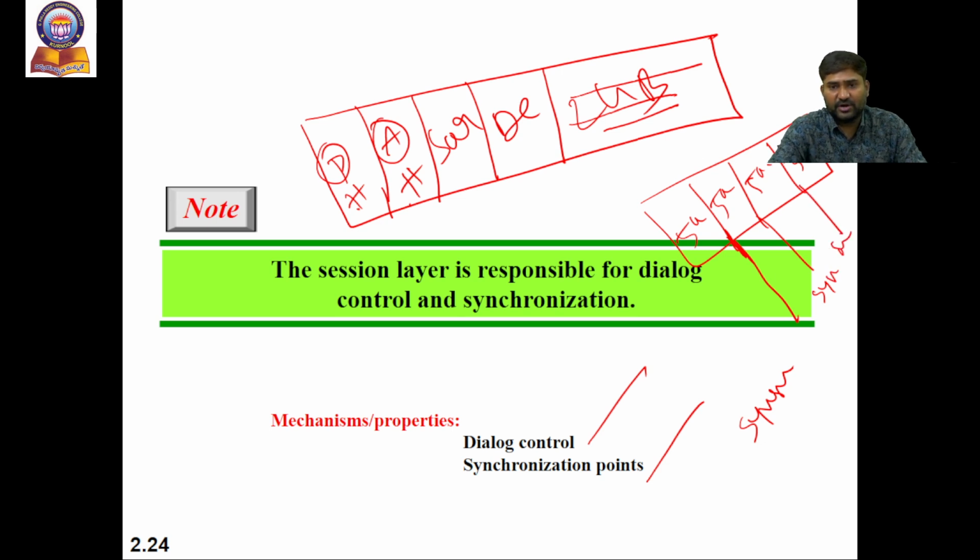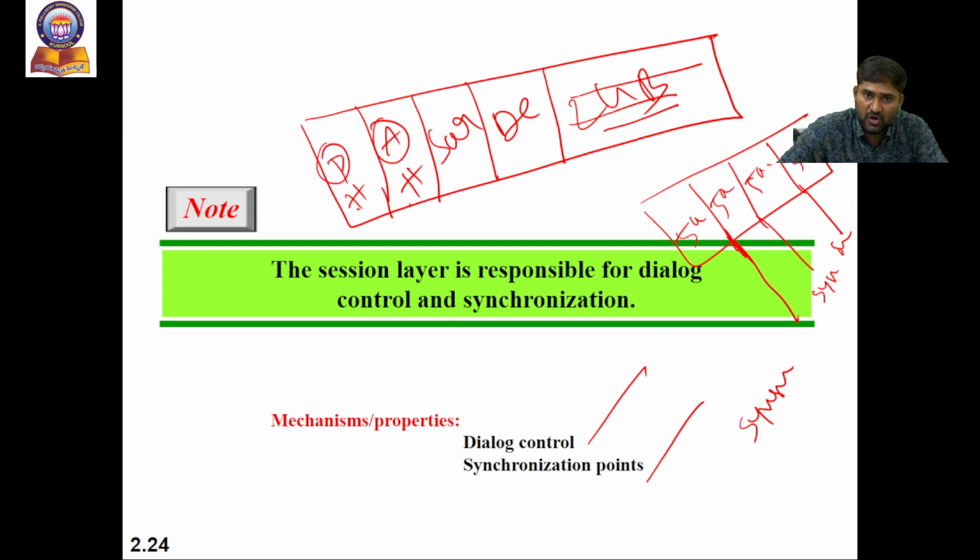What is the use of this synchronization point? Just an example, just analyze. If I am sending 2 GB of data through the mail, and suppose the mail was dropped in the network for some reason, the mail was not received by the receiver. What happened?